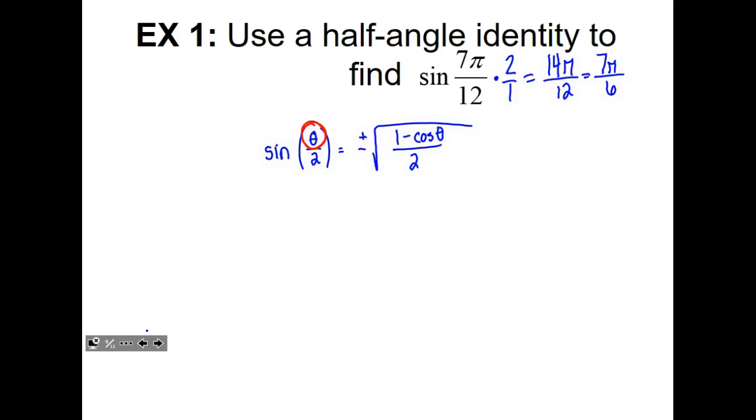Okay? So what I'm doing here is sine of 7 pi over 6 divided by 2 is going to equal plus or minus the square root of 1 minus cosine of 7 pi over 6, over 2.